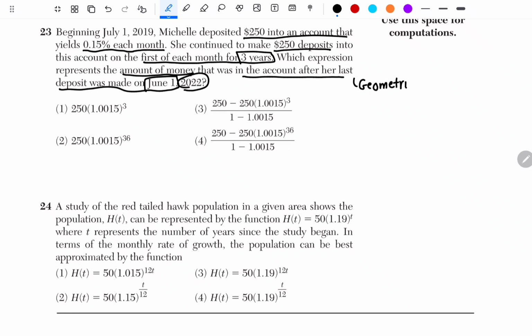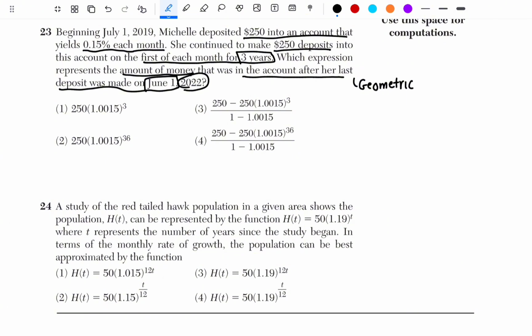Why, you may ask? Because she is constantly depositing $250 into her account the first of each month for 3 years. So she's doing this consecutively. So we're trying to find the summation of what amount of money would be in her account after she made her last deposit on June 1st, 2022.